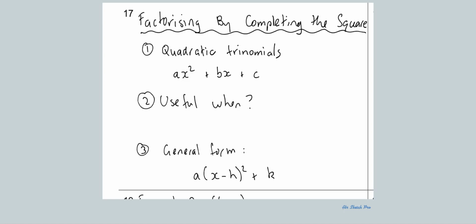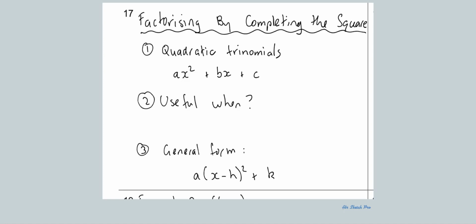So ax squared plus bx plus c is what we call a quadratic trinomial, or it could be at squared plus bt plus c, or whatever else. A, b, and c are numbers. A is any number other than 0. B and c could be any number including 0.